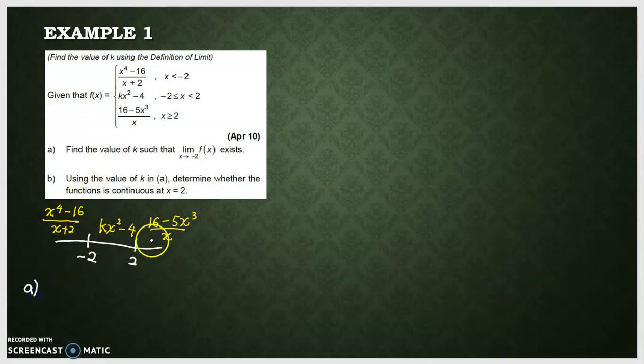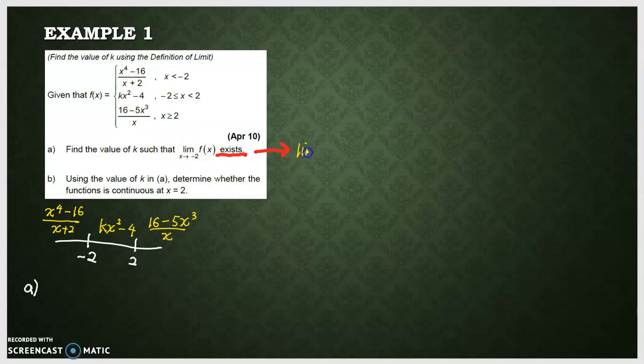So let's look at question A. Find the value of k such that the limit of f(x) when x approaches -2 exists. In order for a limit to exist, as we learned before, the left hand limit must be equal to the right hand limit.